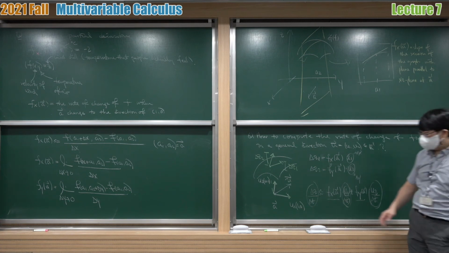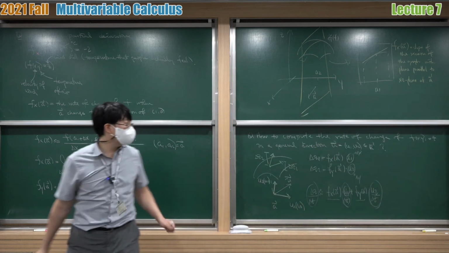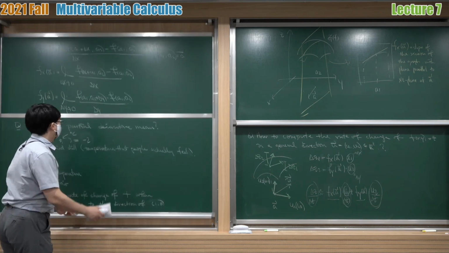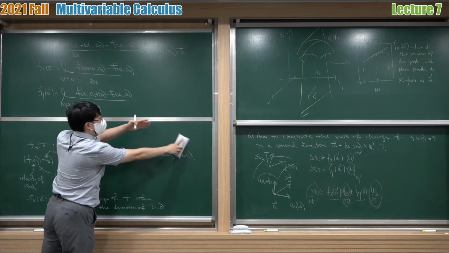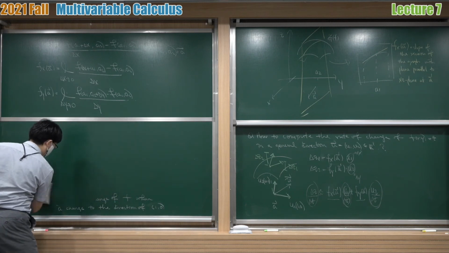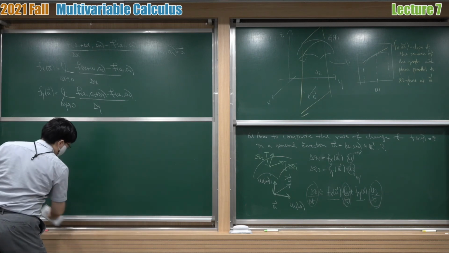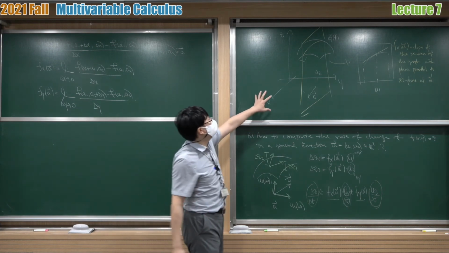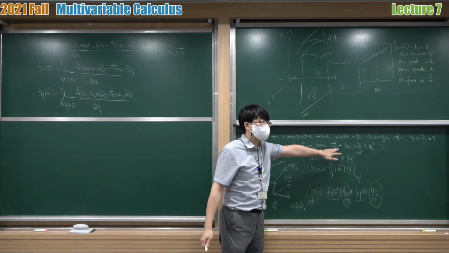How about we choose another method? Since we consider the geometric meaning of the partial derivative, let's try to do a similar thing with the direction of u.